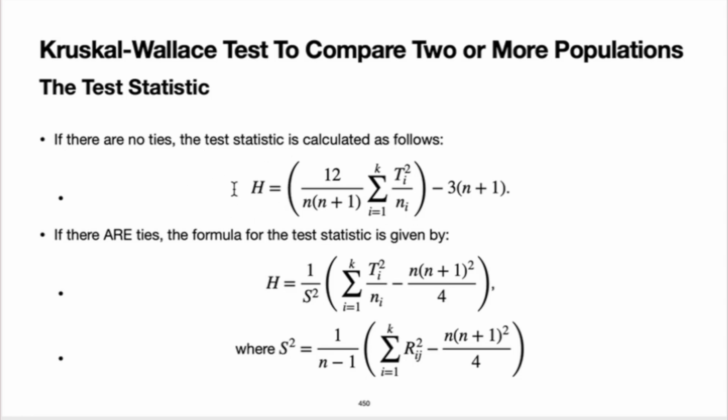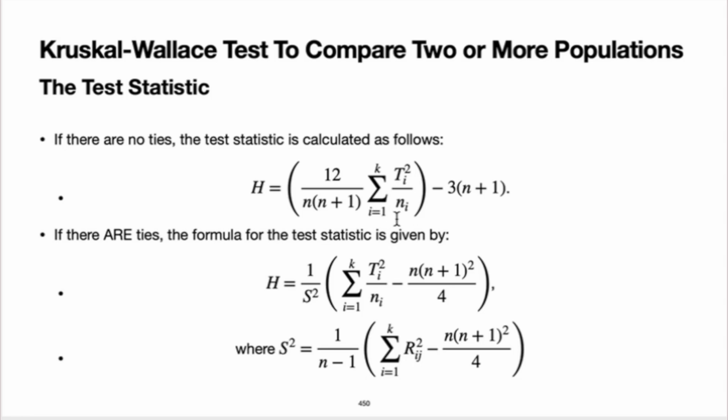So we can see here that we've got this value out in front of the summation. And recall that N, without a subscript, is the total sample size. It's the sum of all the sample sizes, the total number of observations in the data set. Then in this summation, notice that we've got some n sub i's downstairs in the denominator.